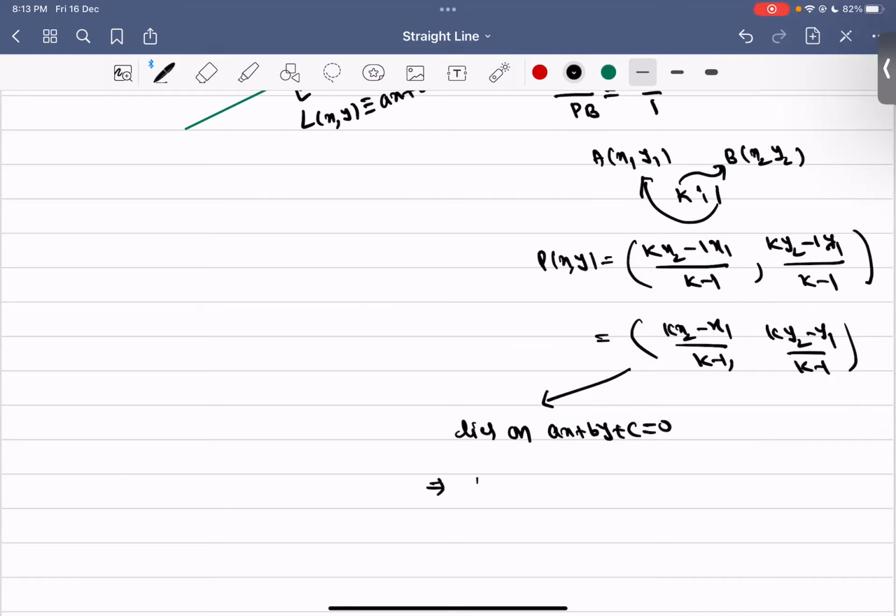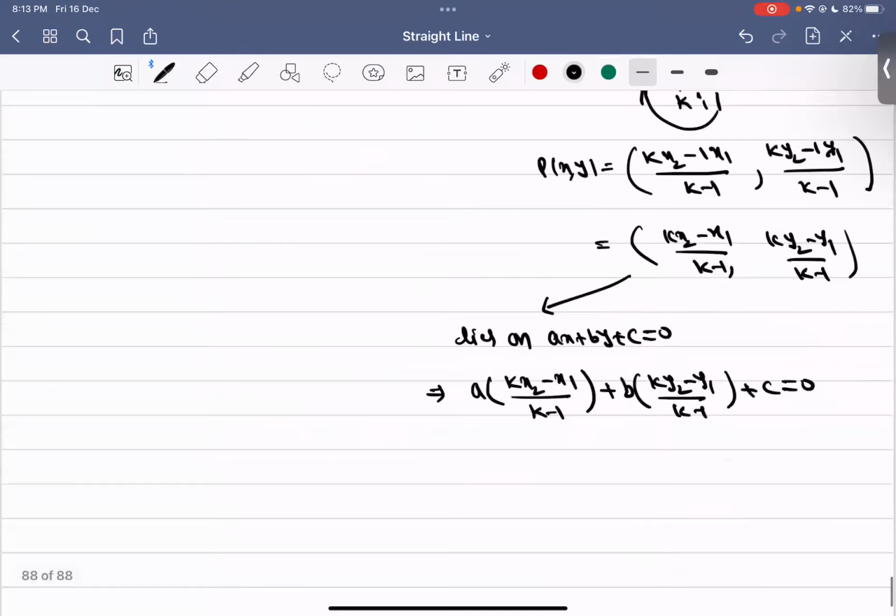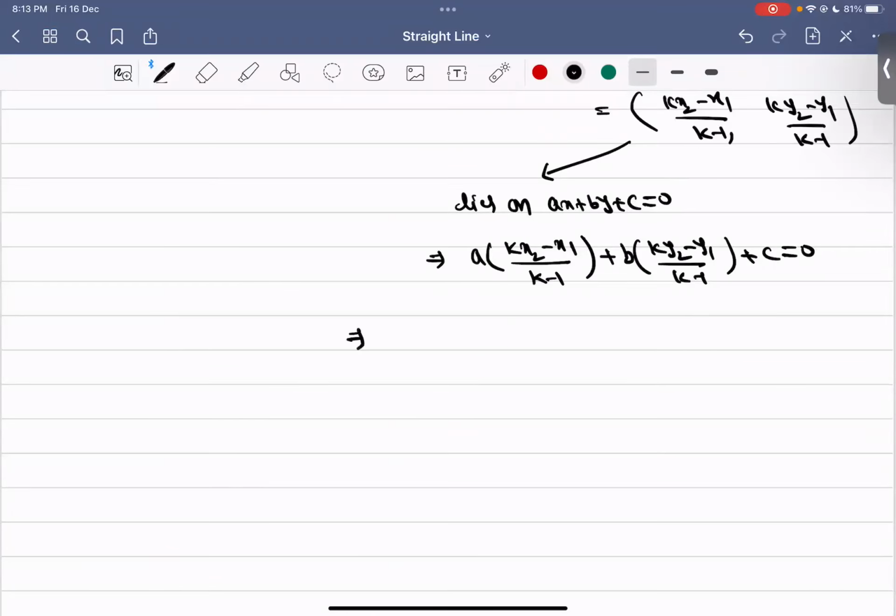Then it must satisfy: a into (k x2 minus x1) by (k minus 1) plus b (k y2 minus y1) by (k minus 1) plus c is equal to 0. From this, what do you get? Therefore, a into (k x2 minus x1) plus b into (k y2 minus y1) plus c into (k minus 1) is equal to 0.